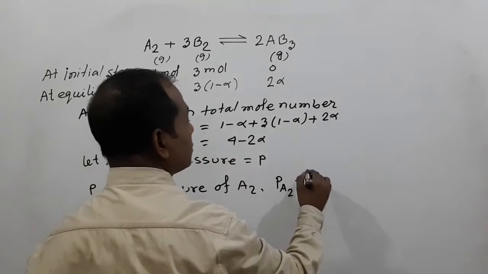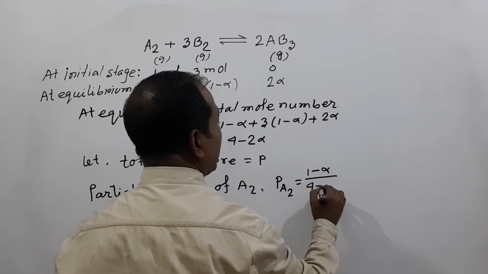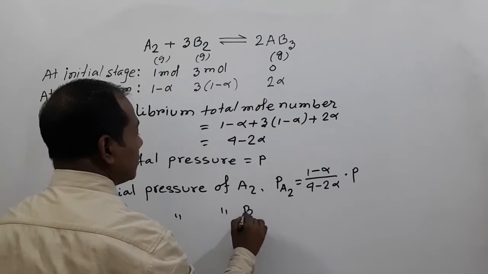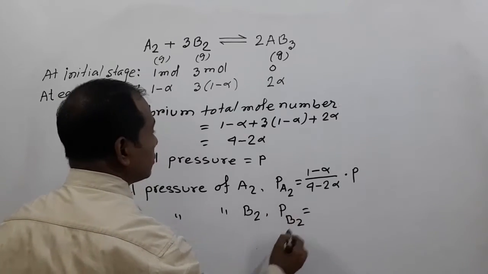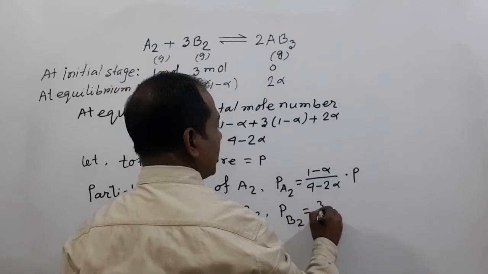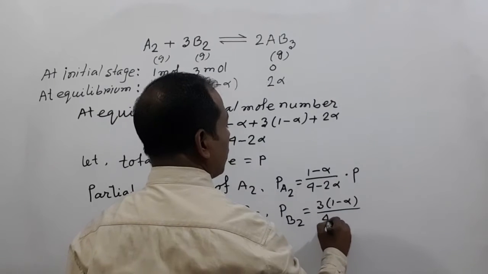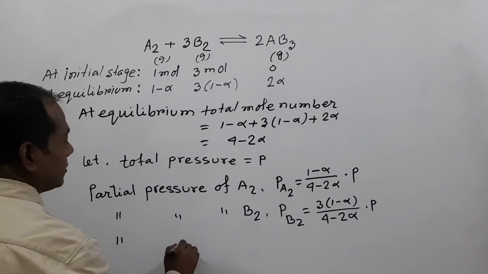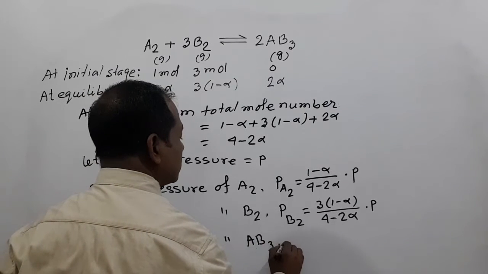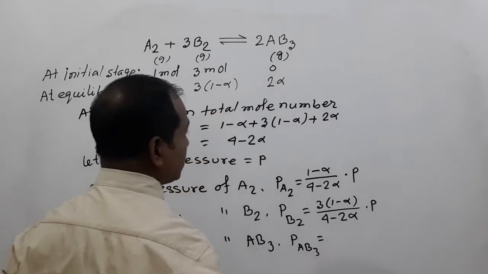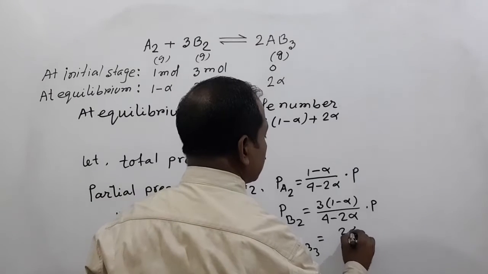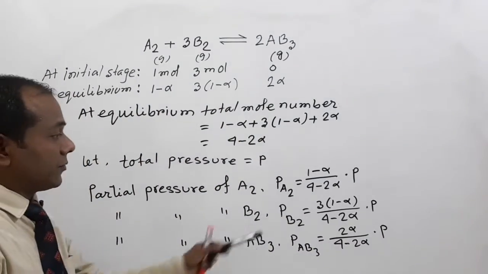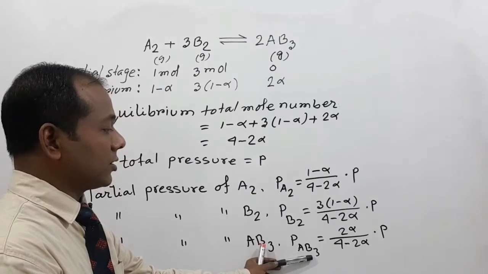So mole fraction of A2 equals (1 minus alpha) divided by (4 minus 2 alpha), and total pressure P. The partial pressure of B2, that is PB2, equals mole fraction of B2, that means 3 into (1 minus alpha) divided by (4 minus 2 alpha), into P, and the partial pressure of AB3, that is PAB3, equals 2 alpha divided by the total mole number (4 minus 2 alpha), into P. So this is the partial pressure of A2, B2 and AB3.